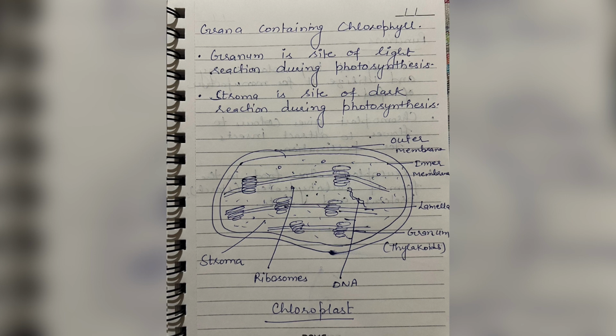Next, there is a connection between two grana. That connection is through the lamella. So lamella and grana are part of the light reaction, and the matrix is part of the dark reaction. Rest of the things you can see, like the matrix, ribosomes, DNA, are part of the stroma. This is the diagram of the chloroplast.